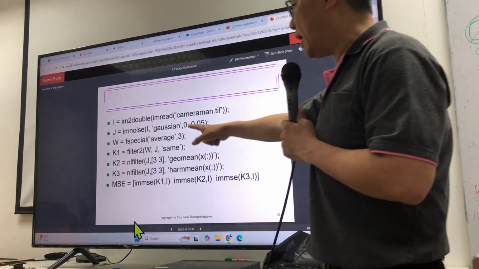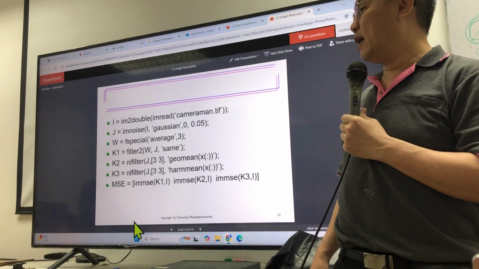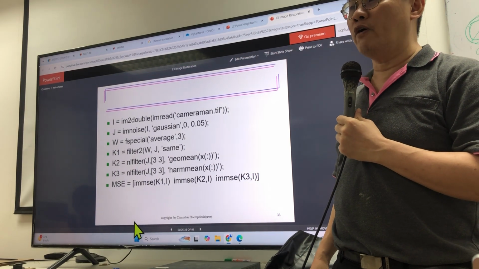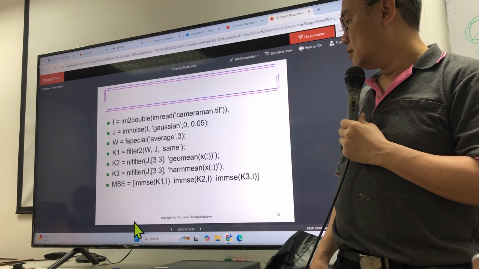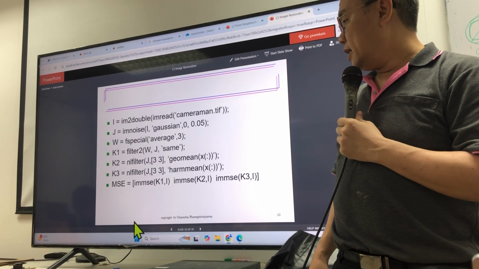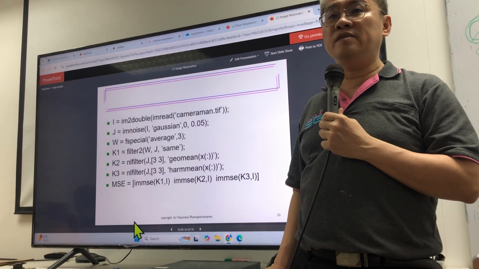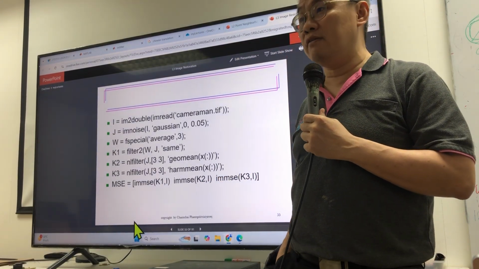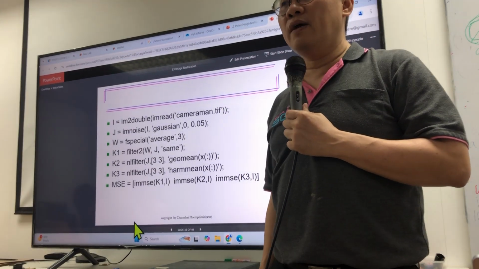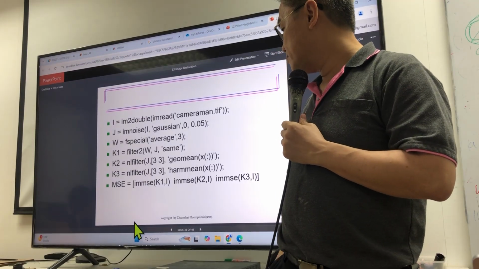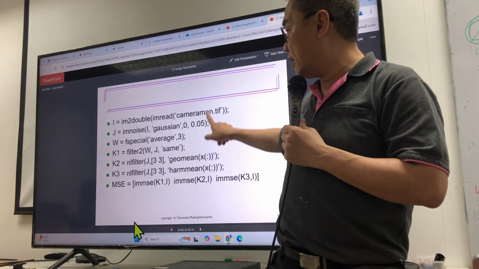You have to use the command nlfilter, which stands for nonlinear filter. Then you find the MSE, the mean square error of the image, between K1, K2 and K3 and I, which is the original.